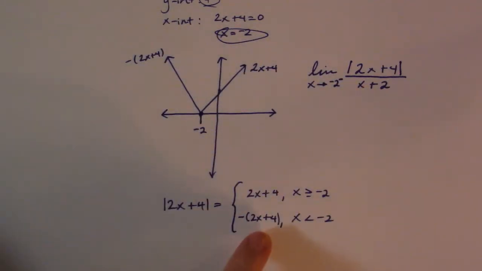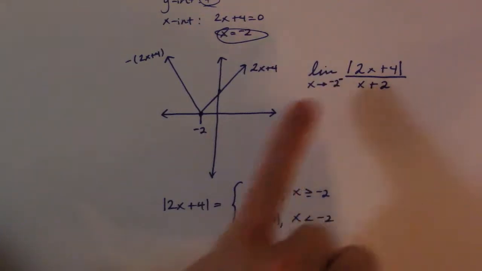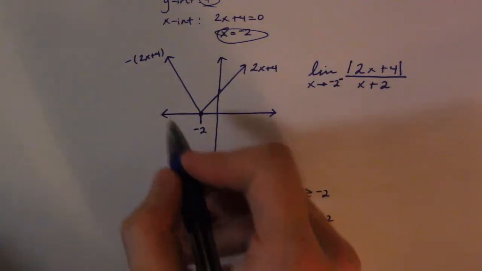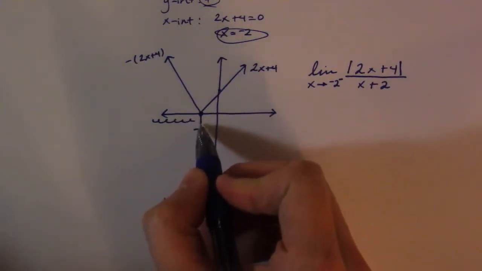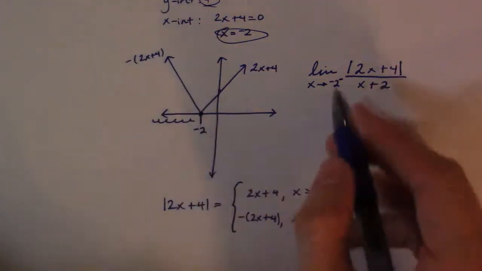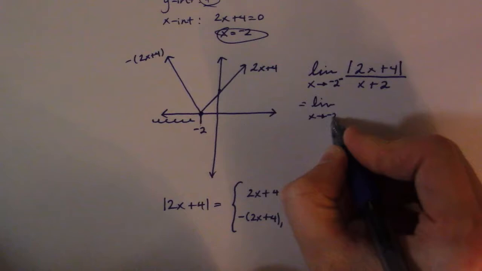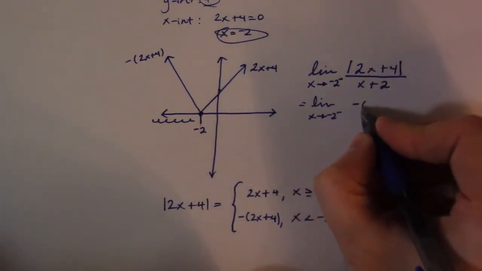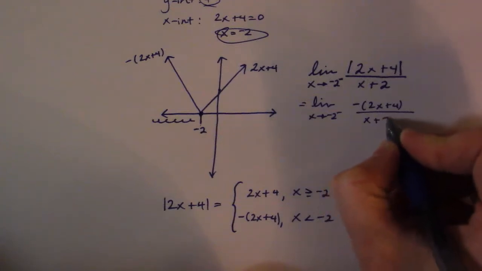So if I'm doing it for the left side, then I have to think about this graph. The left side is literally the left side of this -2, so it's this entire thing right here. So it's that guy. What I can change my actual limit to is the limit as x goes to -2 from the left side of -2x plus 4 all over x plus 2.